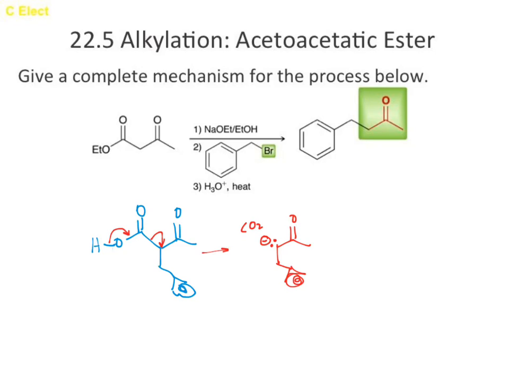Is carbon stable as a negative charge? No. So officially, we would predict that while this is in equilibrium, virtually none goes forward and most of it goes backwards. But what someone was able to notice is that we have the tautomerization relationship.